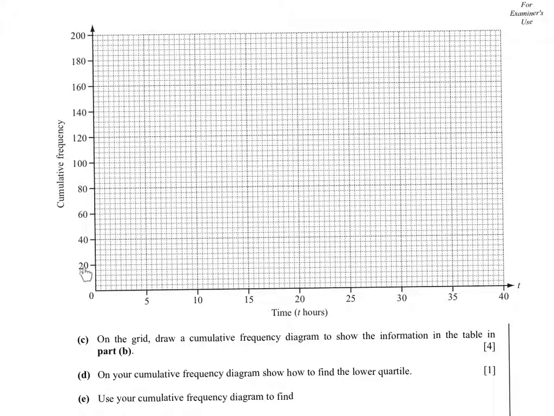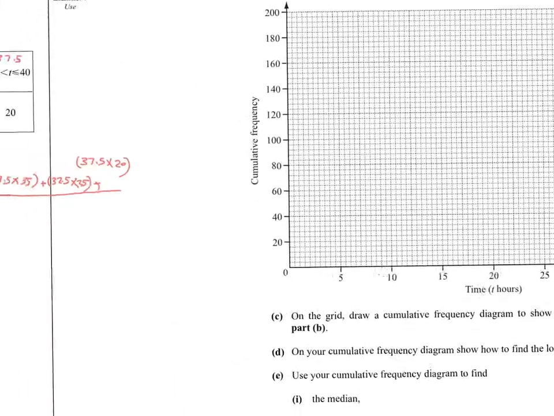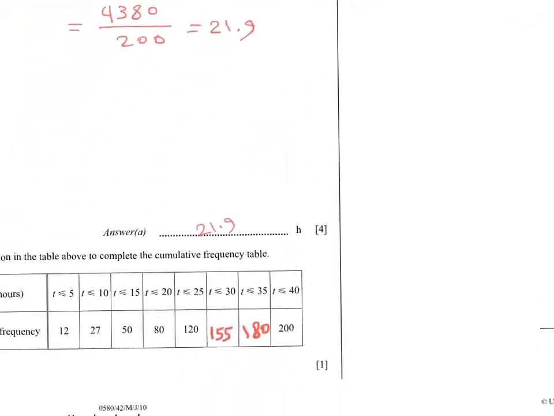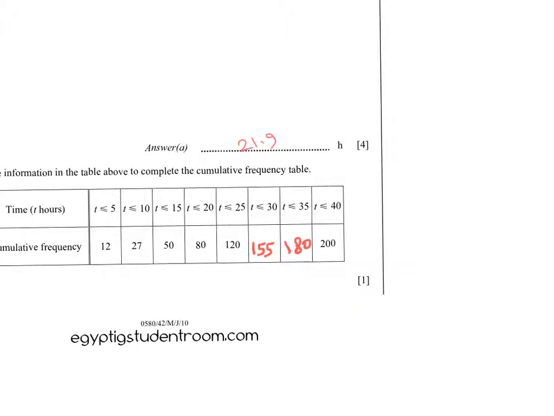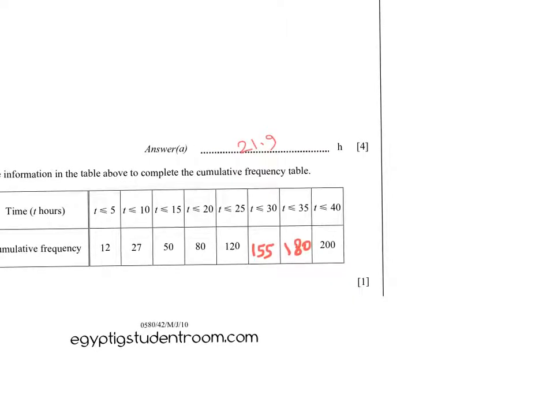In this graph we can draw the cumulative frequency histogram for the cumulative frequency table. The first point, 5 and 12. So this is the first point.